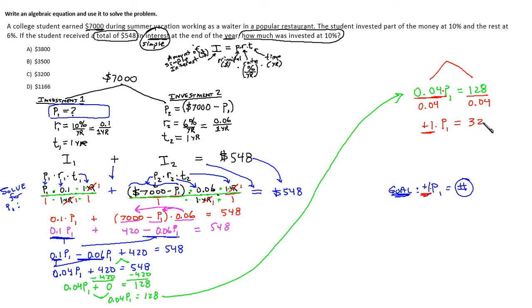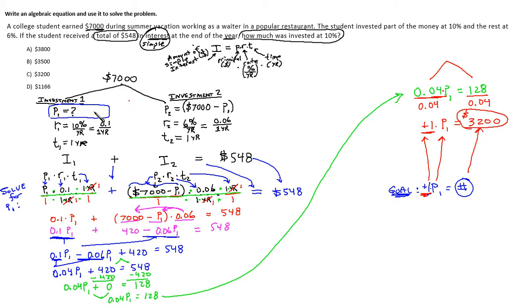And here is the number that we're looking for. And we have the left side looking just like our goal, positive 1 P1. This should be the amount of money that was invested at 10%.